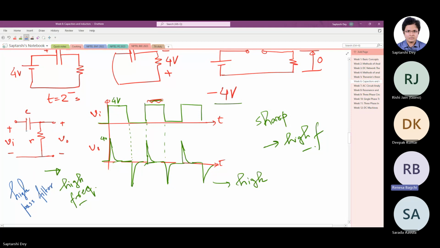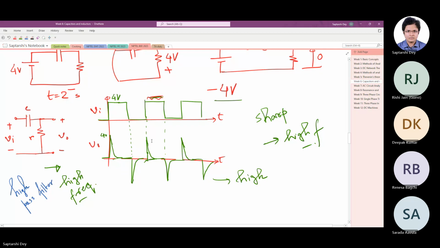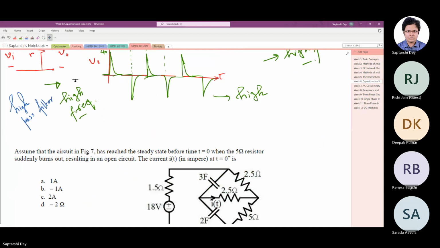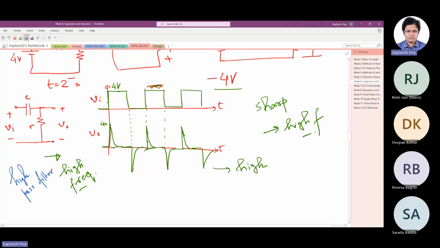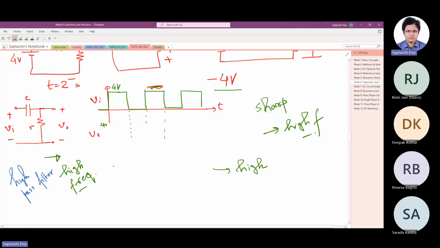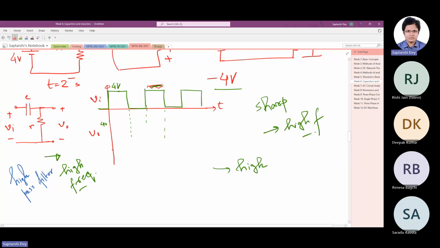How that graph is made, I didn't understand. So let us say we have designed the circuit such that the time constant is very small. That means the transient dies down very fast. Then what you will get is sharp spikes.